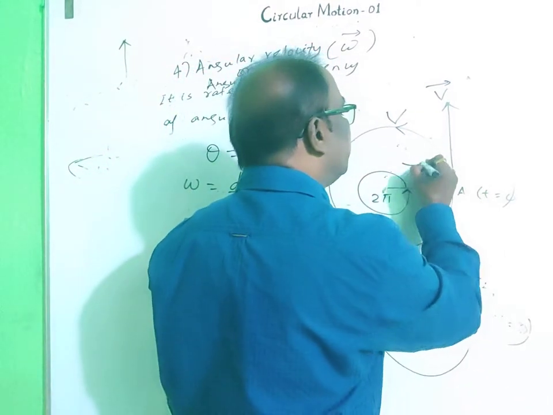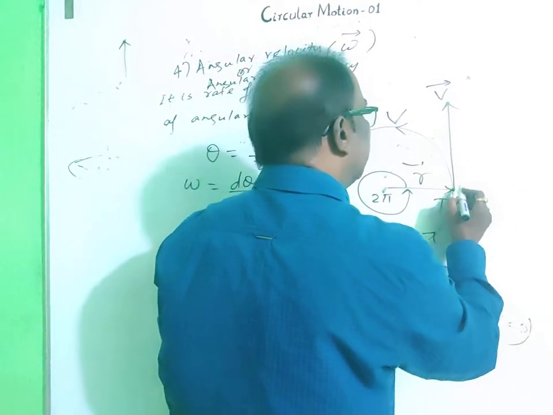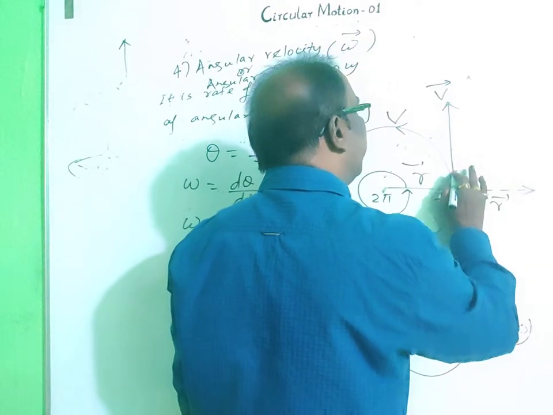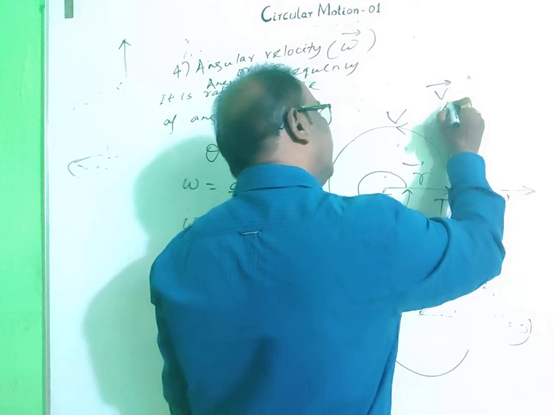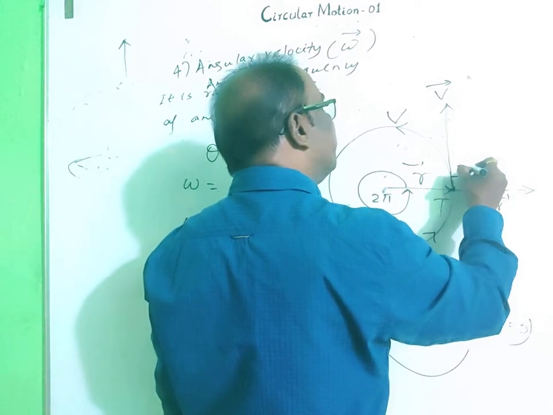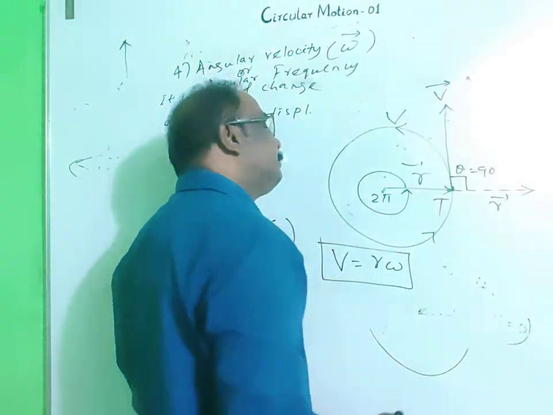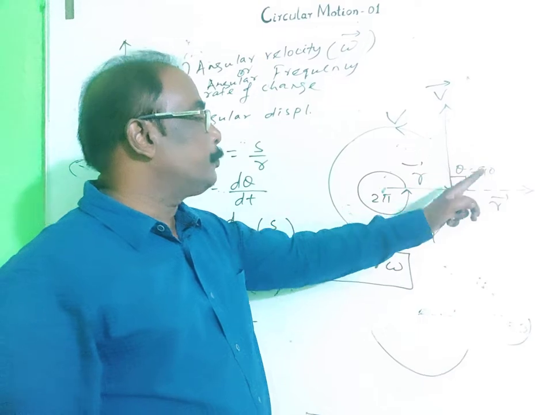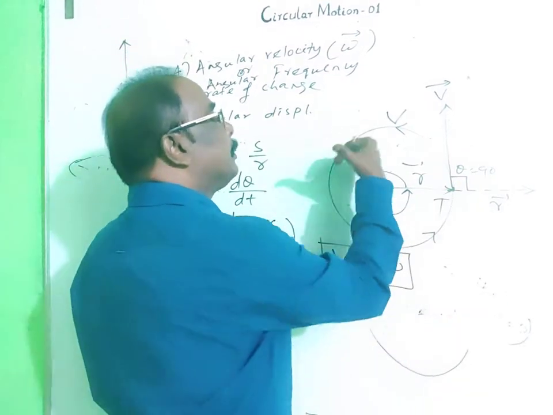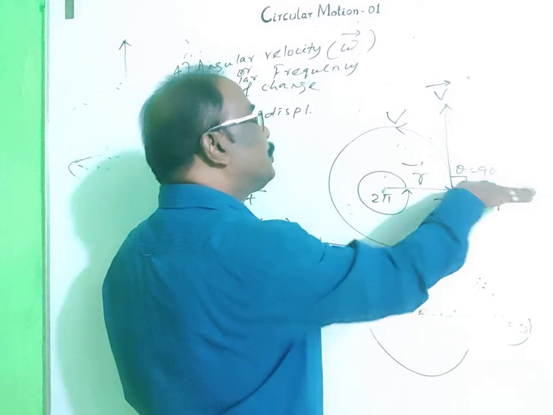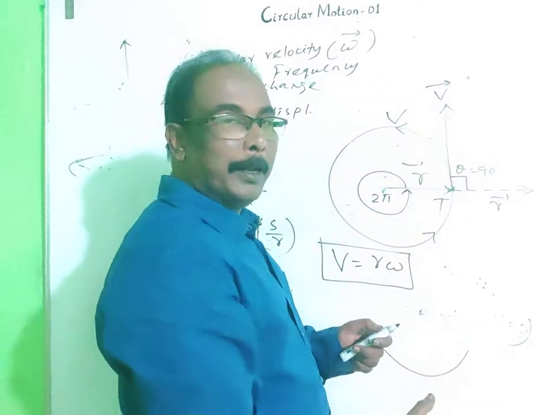This is the direction of position vector. Then the angle between position vector and velocity is 90 degrees, means position vector and linear velocity are mutually perpendicular. Also, the direction of angular velocity is perpendicular to both position vector and linear velocity.